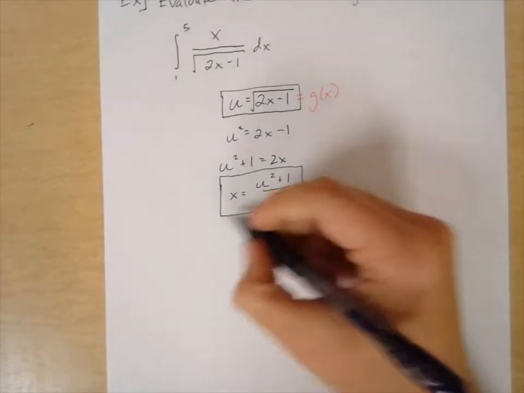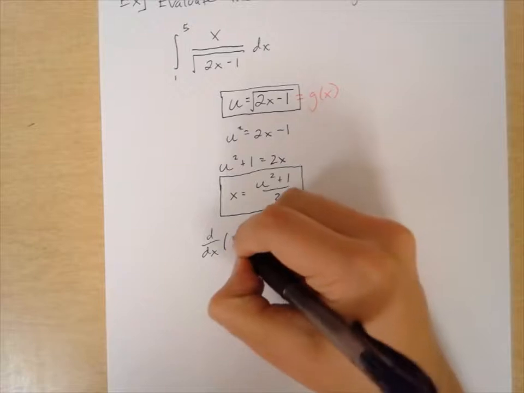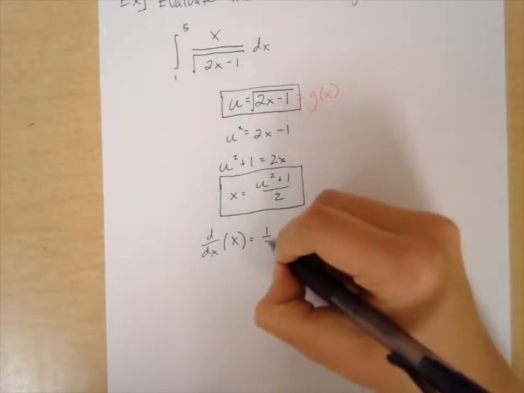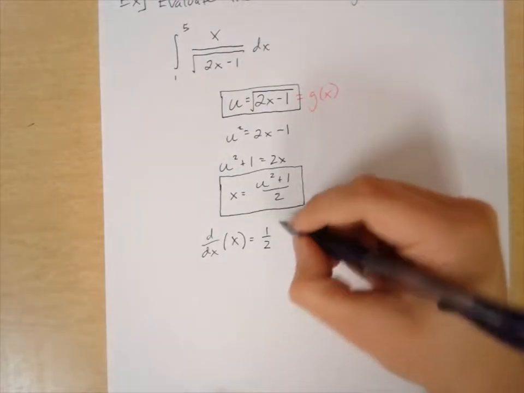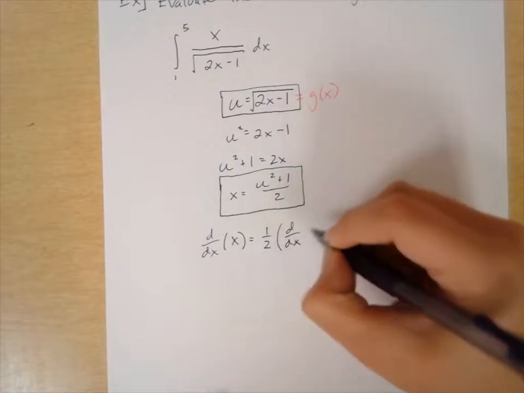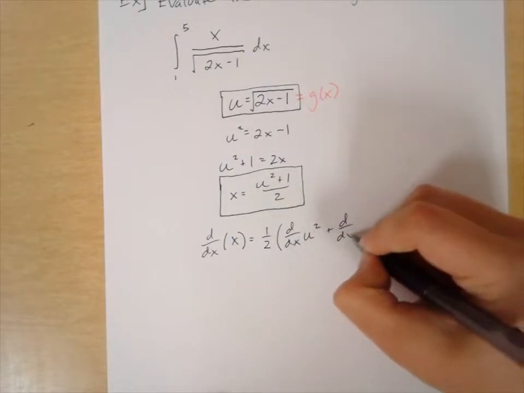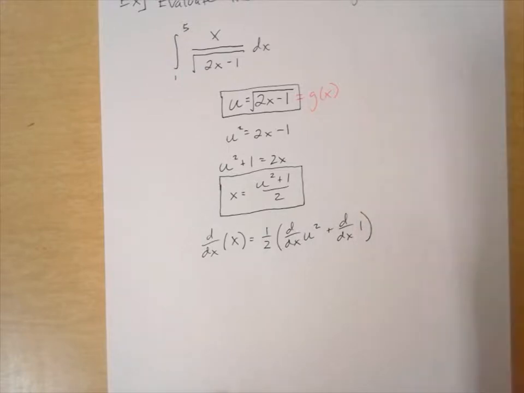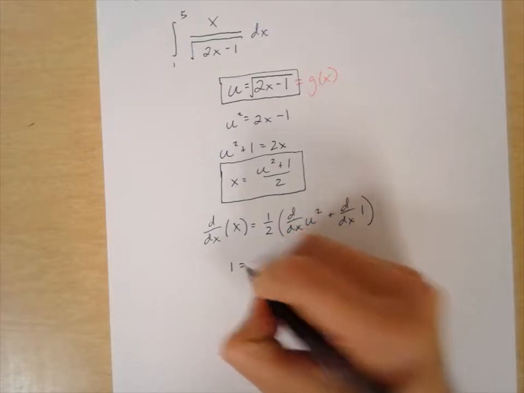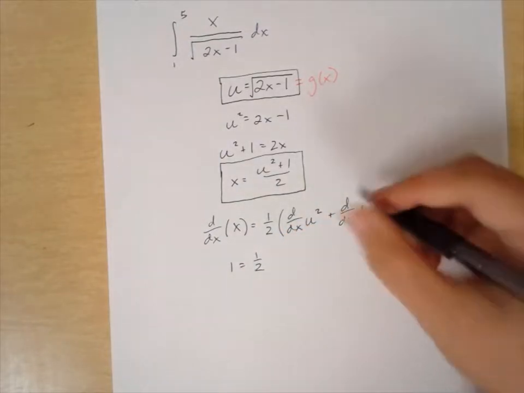So in order to set that up, I can say d/dx of x equals 1/2 outside of the d/dx of u squared plus d/dx of 1. As I go through each piece here, d/dx of x is just 1. I have 1/2 outside of d/dx of 1, which would just be 0.